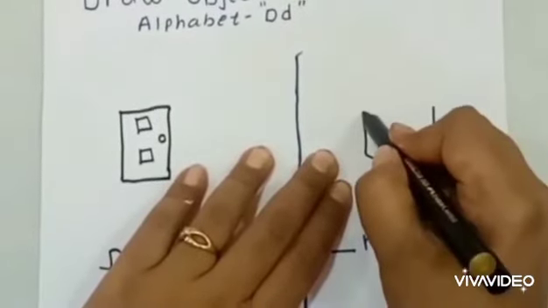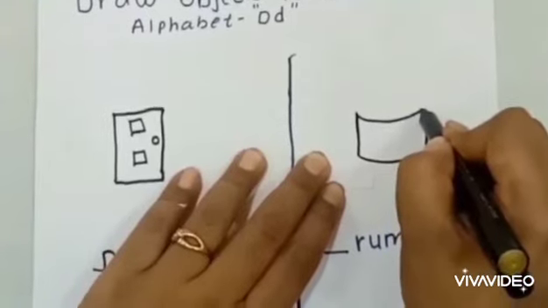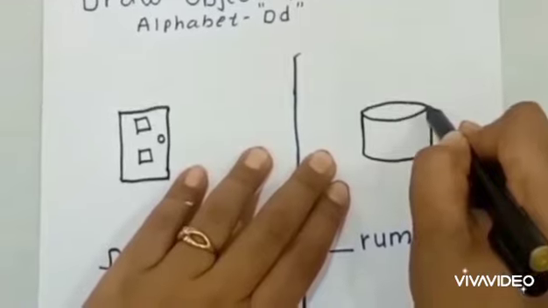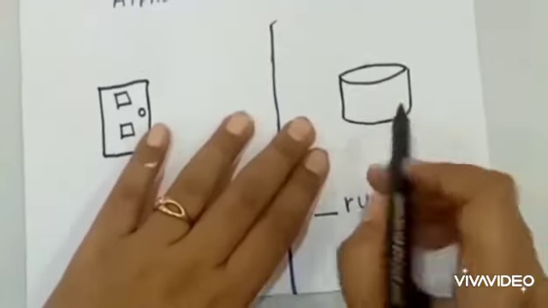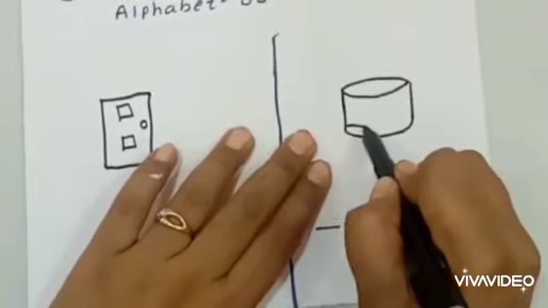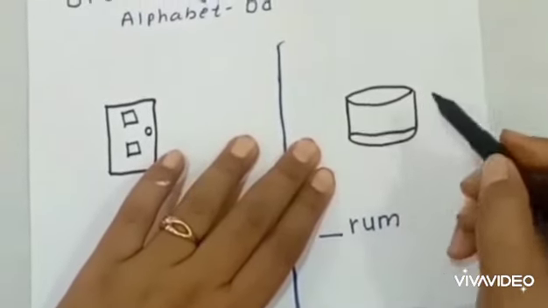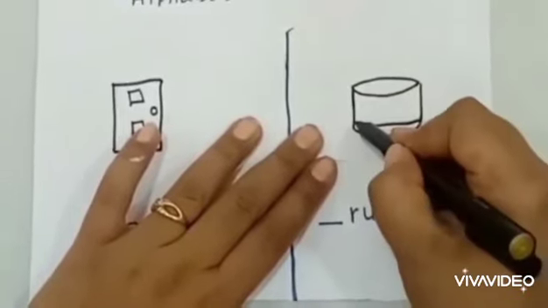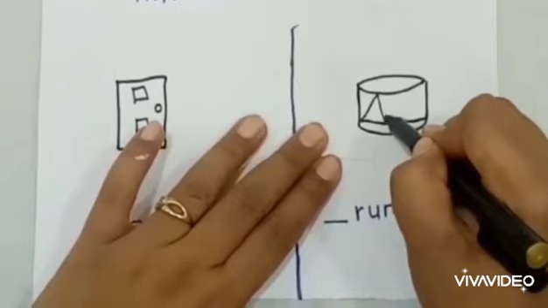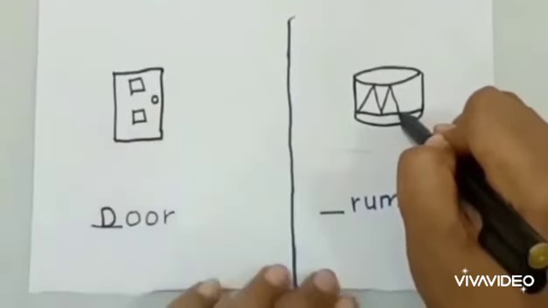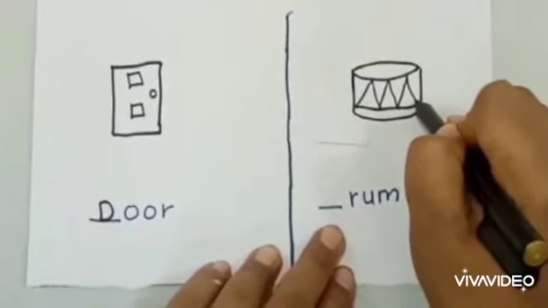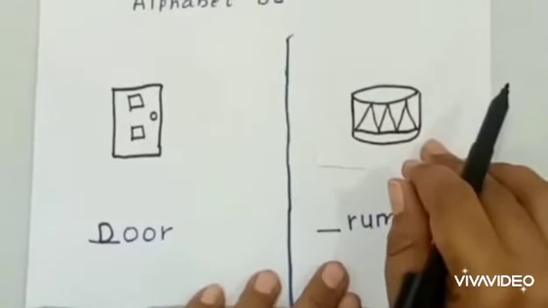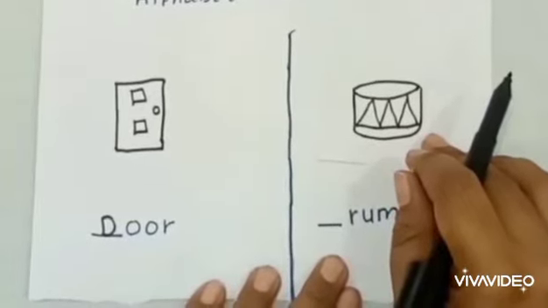Now one more smiley over here, and make one more curvy line and join this. Now we will draw one sleeping line over here and in this space we will draw a zigzag line. Go up, down, up, down, up, down. Our drum is ready.